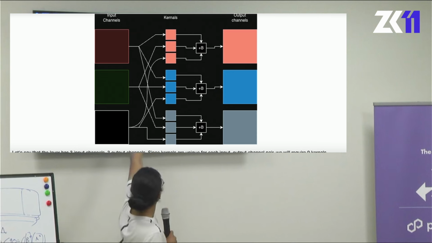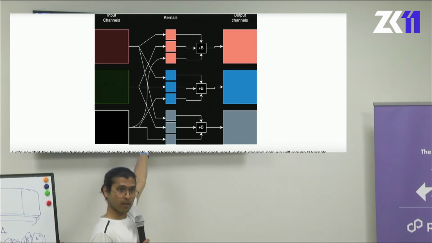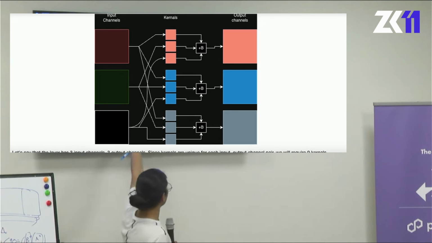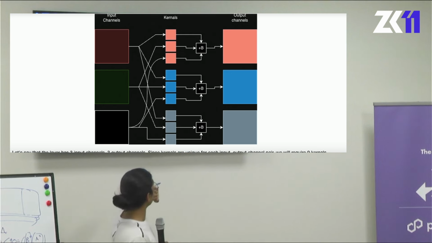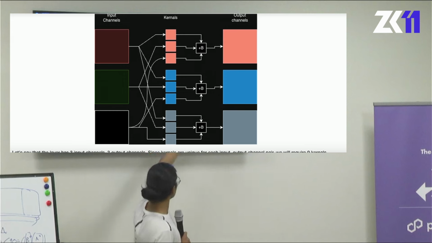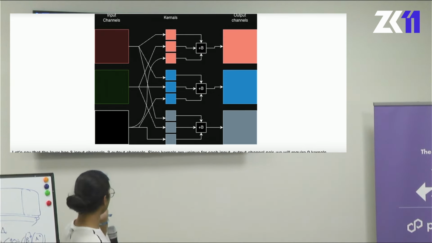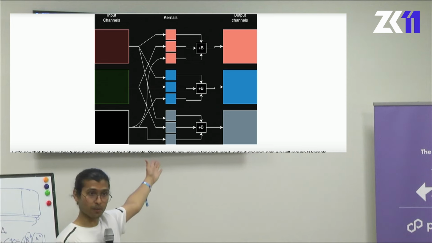Each kernel operates with a particular input channel, something called a convolution operation, which is a simple inner product between the area that it covers, and produces an output for the output channel. So this is a single convolution layer, and after it you perform an activation function on the output elements.